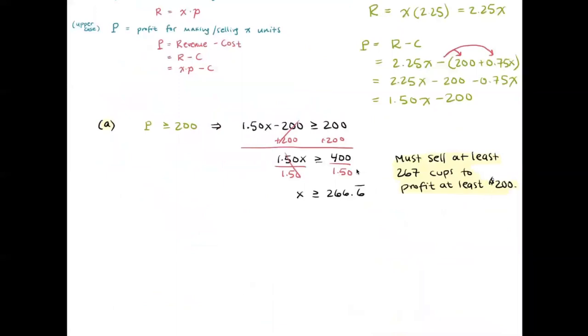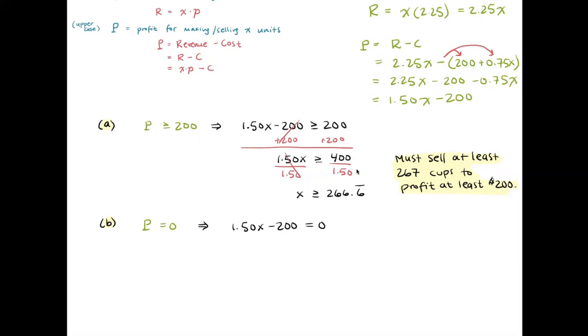Okay, so in part B, what we want to do is find where our profit is equal to 0. All right, so here's our profit equation. We're going to set it equal to 0, and all we have to do here is solve for x.